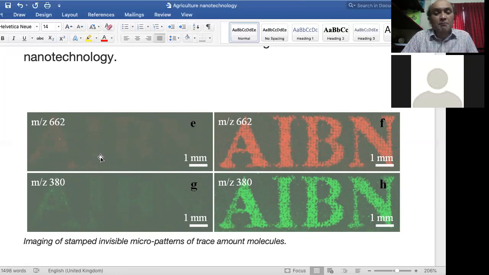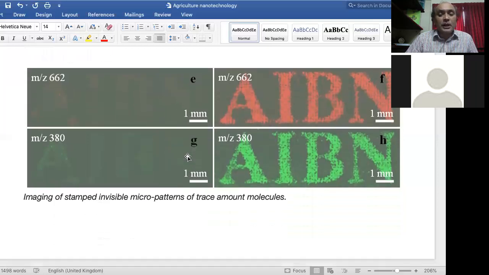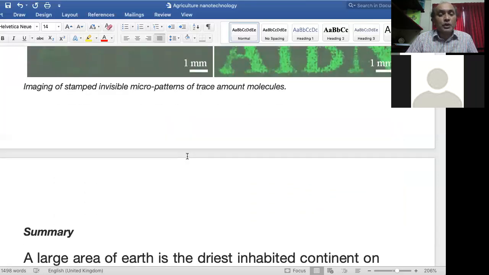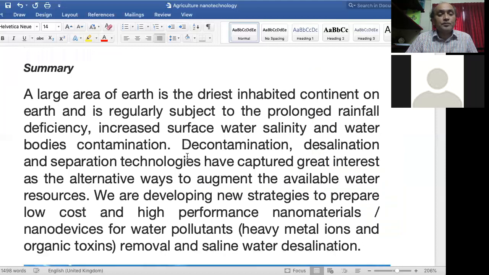So if we can visualize them, that would be fantastic. And this visualization technique can be used for detection of certain pathogens in our animals as well as even food materials. So this type of imaging technology can also be used to ensure food safety.